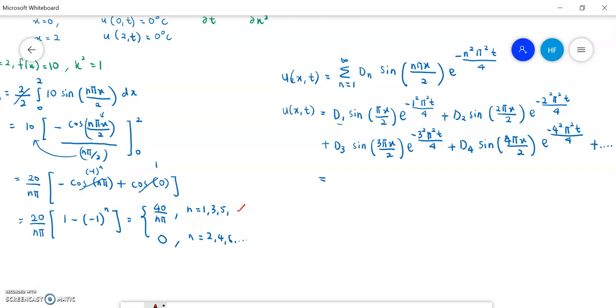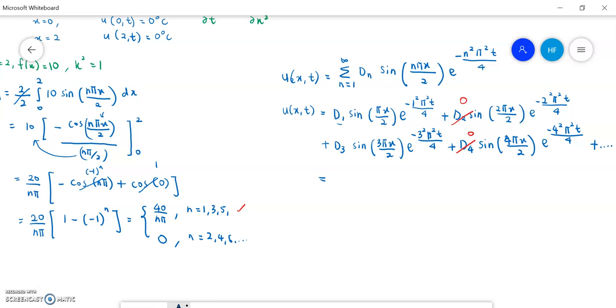So when n is odd, the value is 40 over nπ, and when n is even, the value is 0. So for D2, D4, and all the even values, it equals 0.